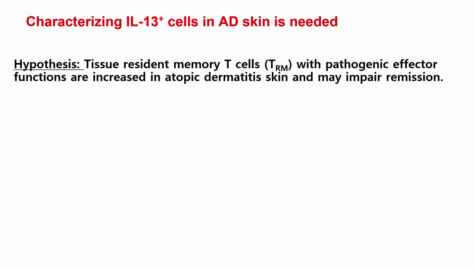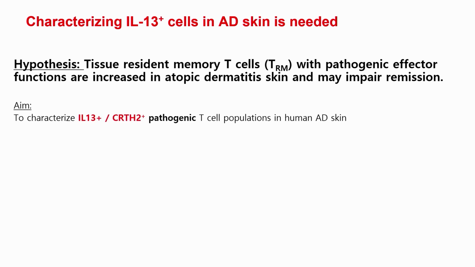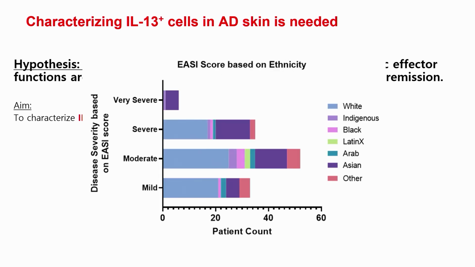So in our lab, we're interested, of course, in characterizing these IL-13 superpolarized cells. And we focus on the tissue-resident memory cells, believing that they may impair remission. And we really seek to characterize these IL-13 high CRTH2 marked pathogenic effectors in AD skin.